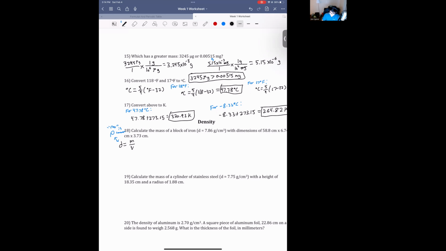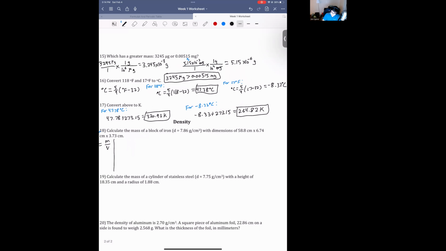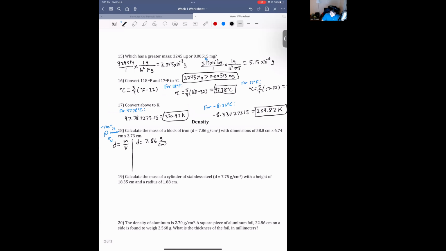So in this problem, right, we have D is equal to M over V. Now, something that is helpful is to write down everything that you have. So I know that my density is 7.86 grams per centimeter cubed, right? I know that my volume is what, right?